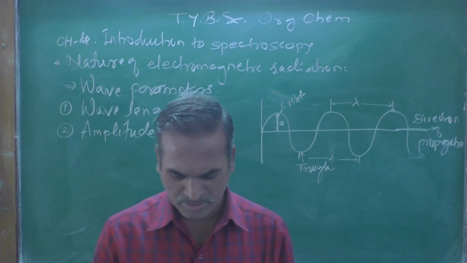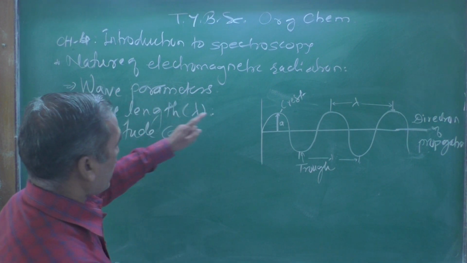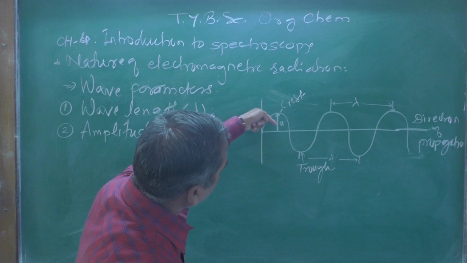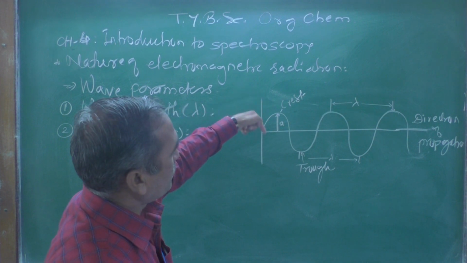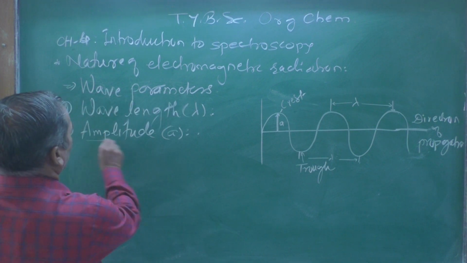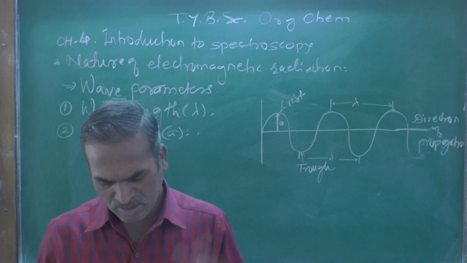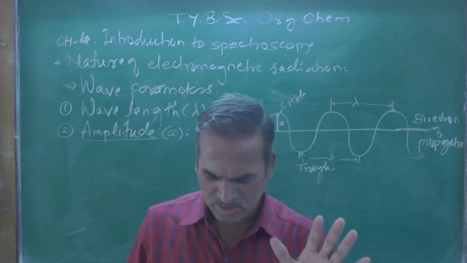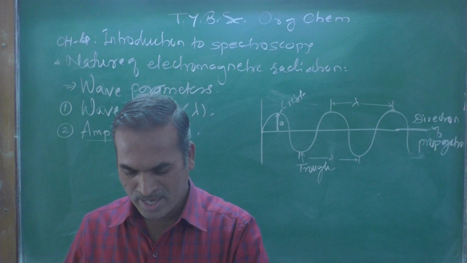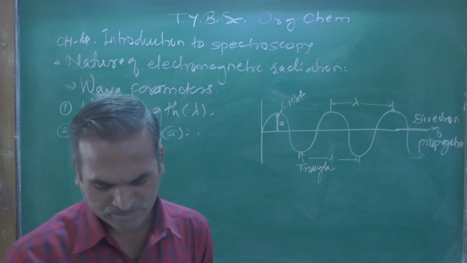It is very simple. The maximum distance of the wave from the x-axis is known as amplitude. That is the simplest definition of the amplitude.